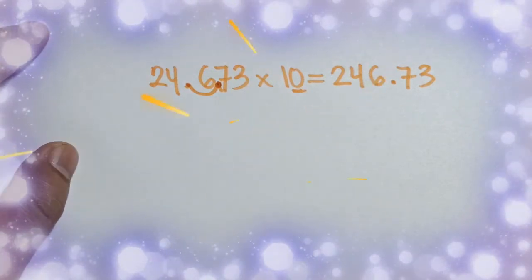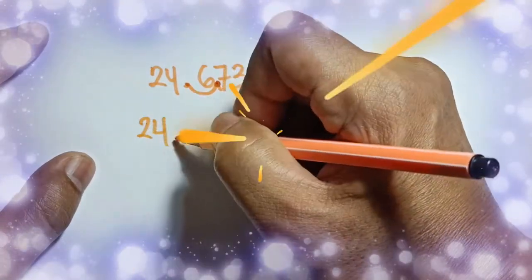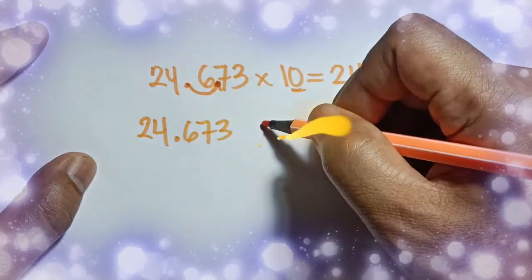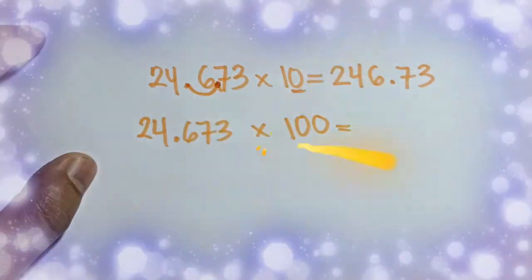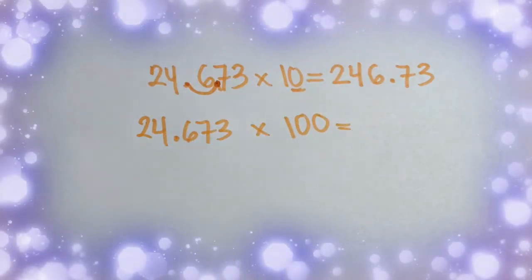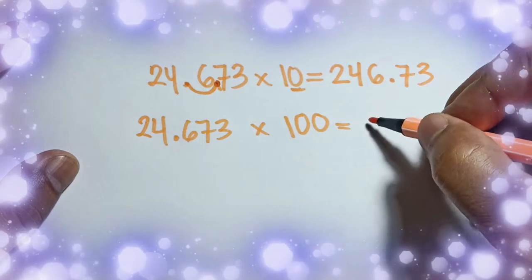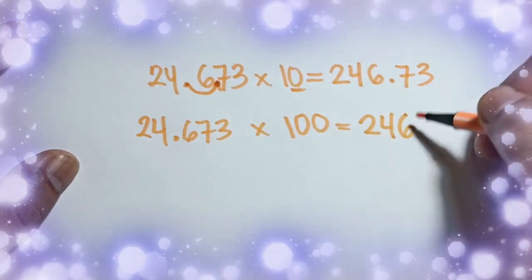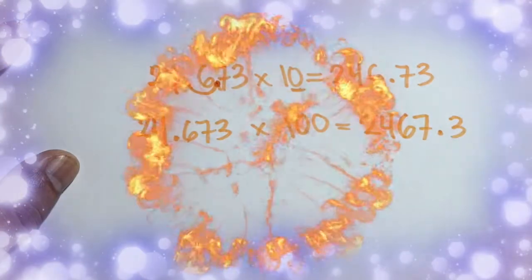What if you are asked to multiply 24.673 times 100? What will be the answer? The answer will become 2467.3.